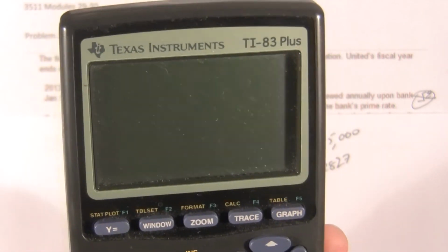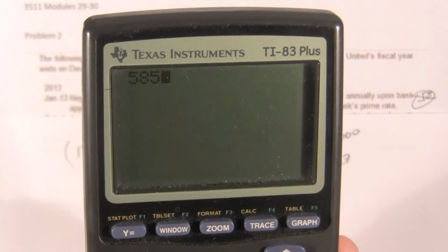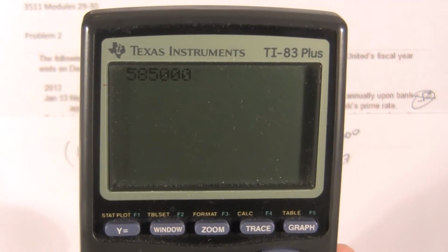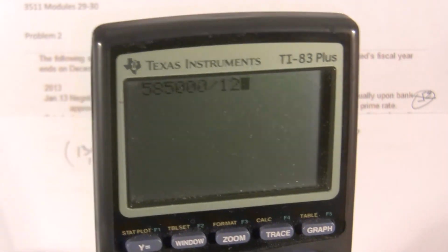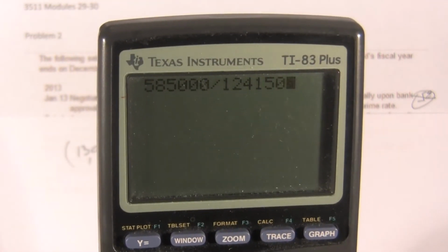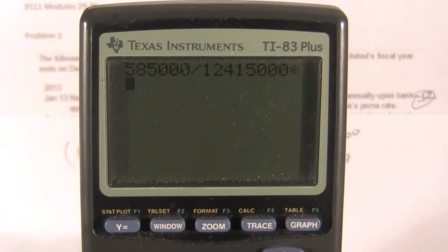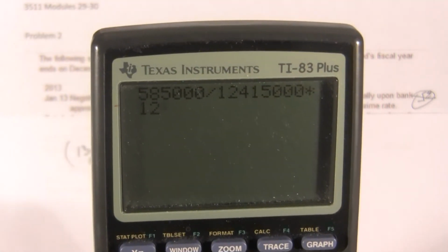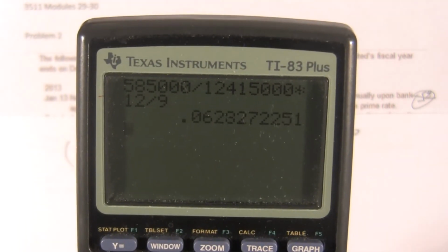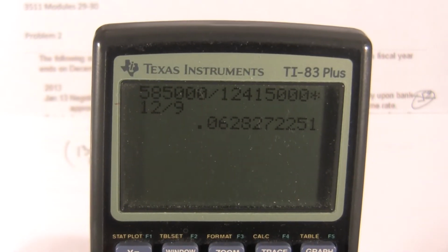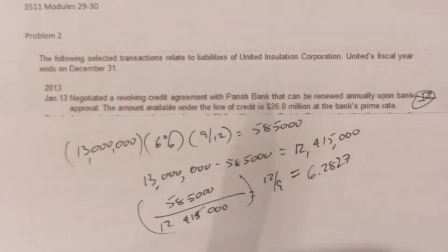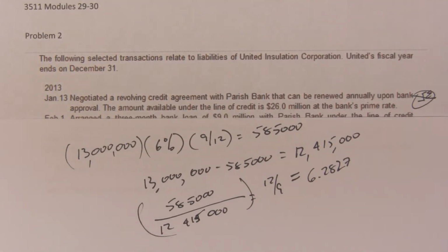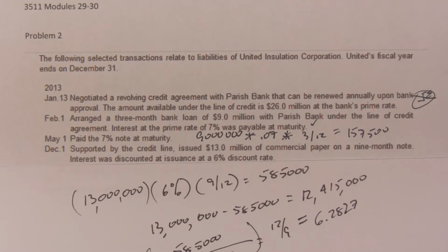So the discount is 585,000 divided by 12,415 times 12 divided by 9, which is 6.2827%. Okay, and that's our actual interest rate, once I was no longer stuck on stupid.